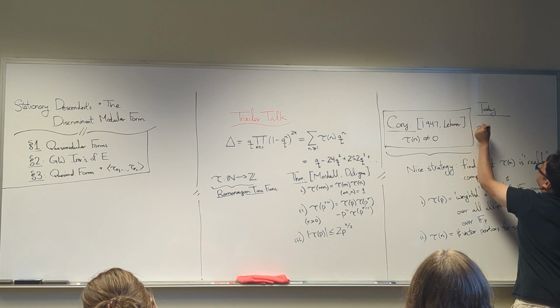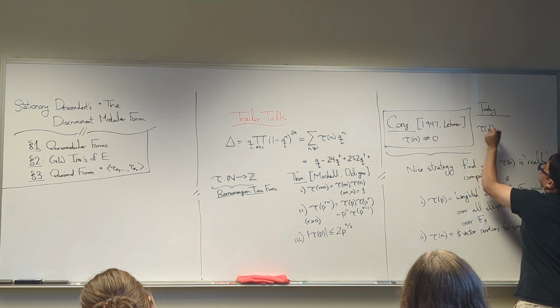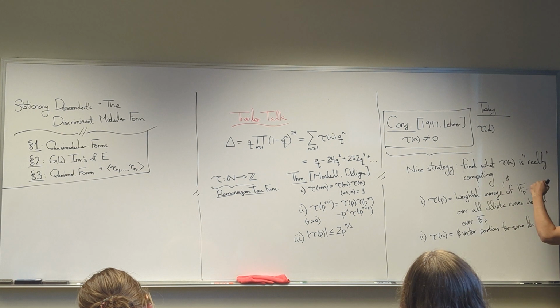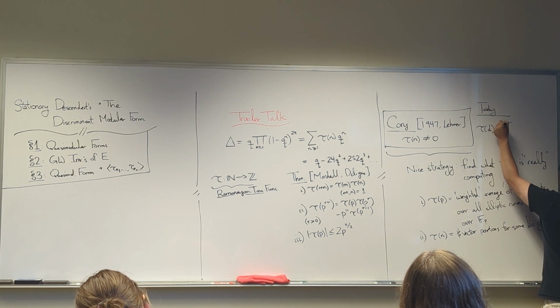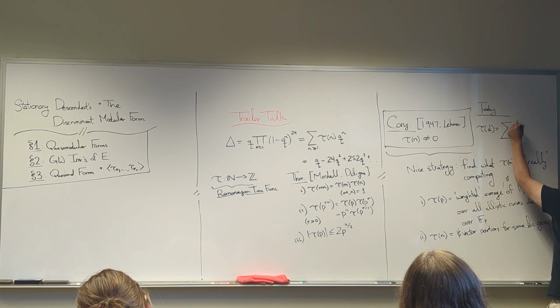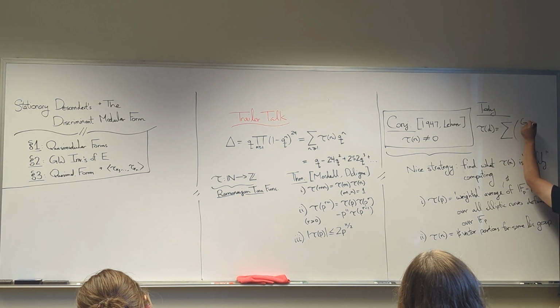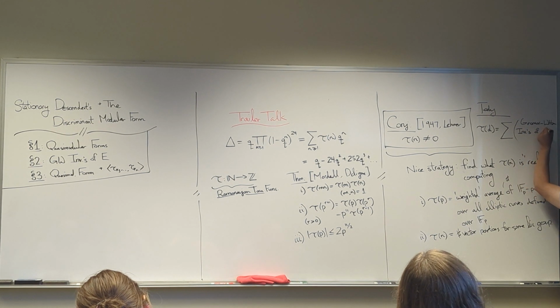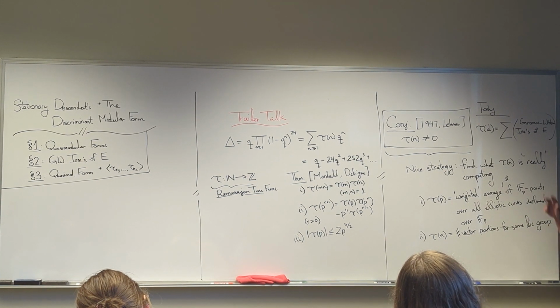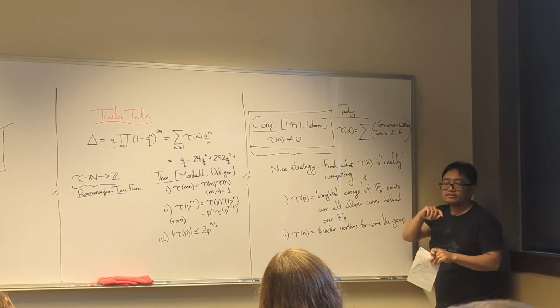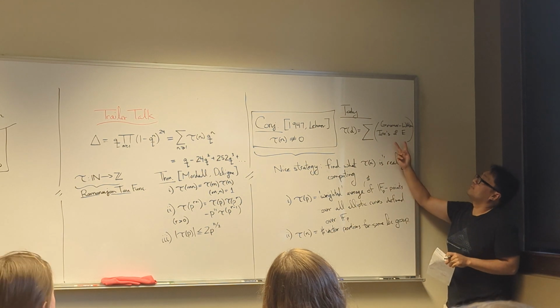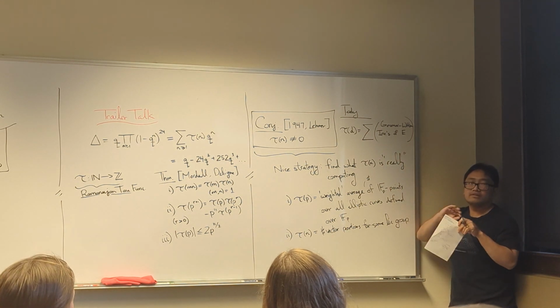I'm going to show you that the Ramanujan tau function can be calculated to be the sum of a bunch of Gromov-Witten invariants of a smooth elliptic curve E. The reason this equality is intriguing to me is because the right-hand side is completely determined combinatorially.